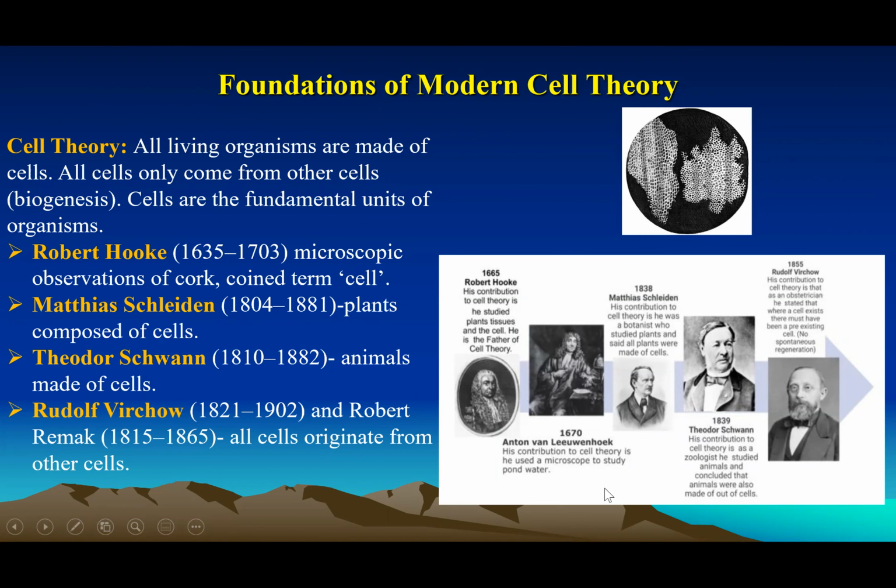It's only after the discovery of the microscope that everything turns on. Schleiden made observations to say all plants are made of cells. Schwann, who is a zoologist, said all animals are made of cells. And Virchow proved that cells originate from pre-existing cells.